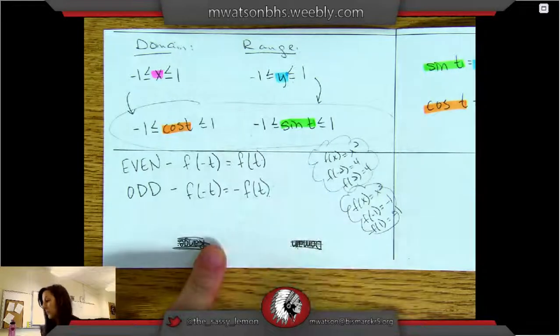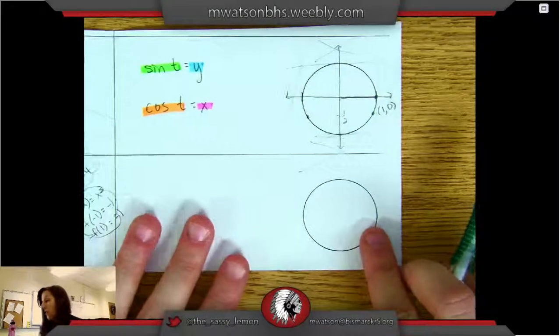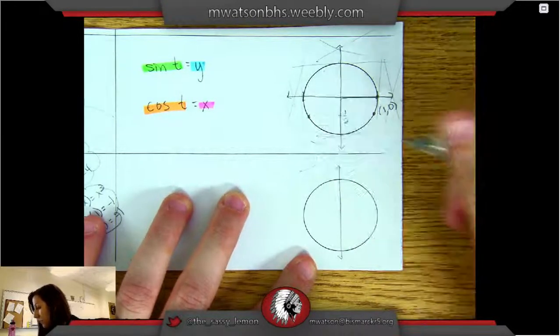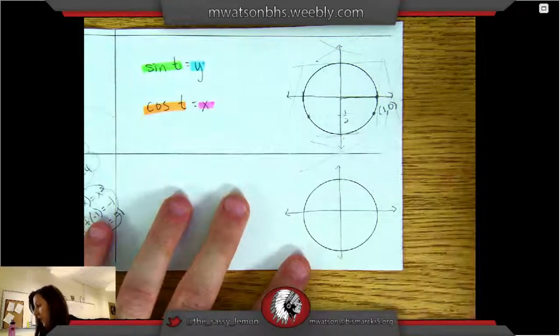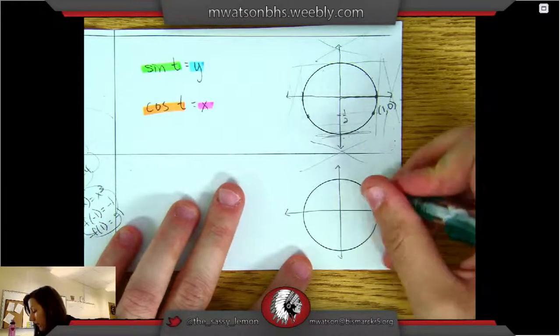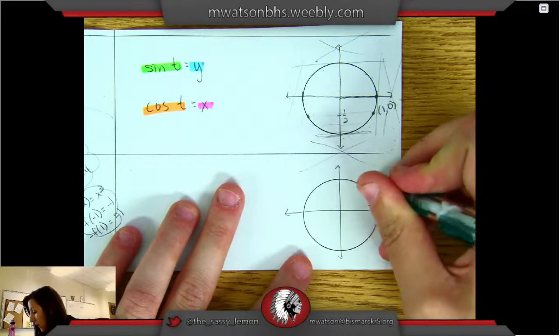All right, now let's go over here to our circle. Draw it in a coordinate grid. This is going to be a unit circle. And let's just draw a point P up here.